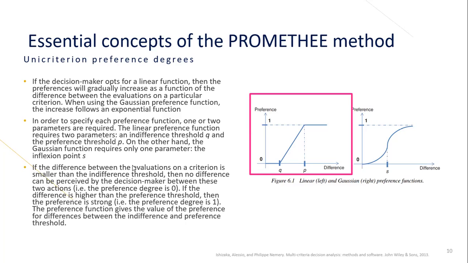Here you see that we have two parameters, Q and P. Previously, when we calculated the price, you needed to calculate the difference between the price of one car and another car, and then this difference determines whether you have a preference or not.